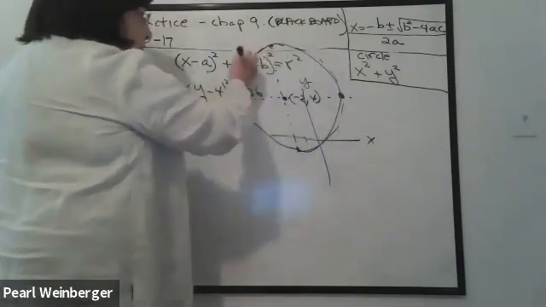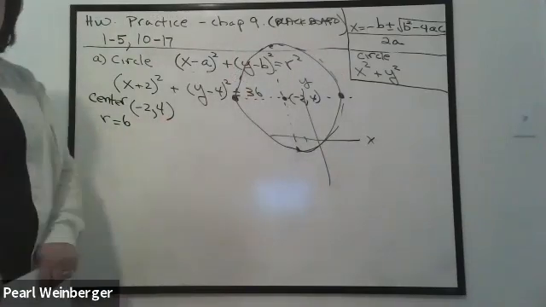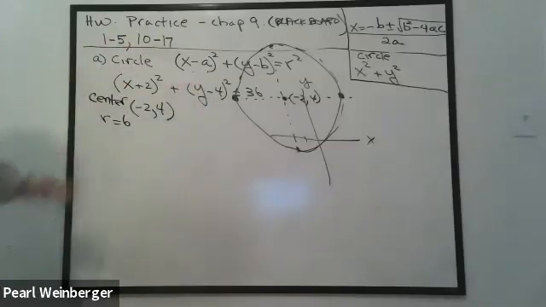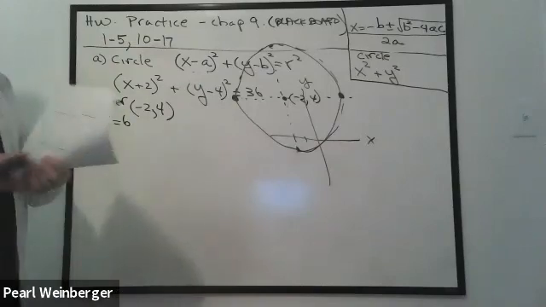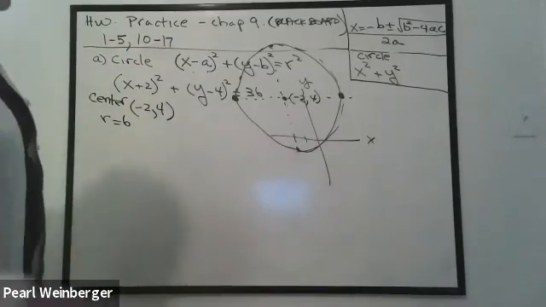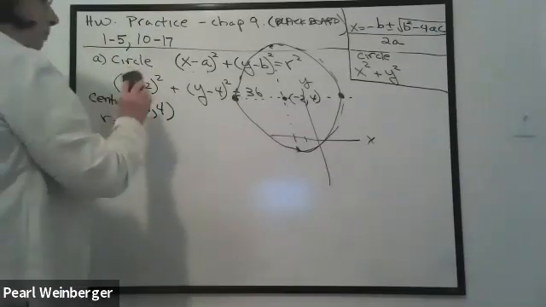Since I don't have a good graph board, I'm not getting a very perfect circle, but that's how you would be able to, looking at the equation, figure out its center and radius. But there is a little bit of a problem. Let's look at this equation here.